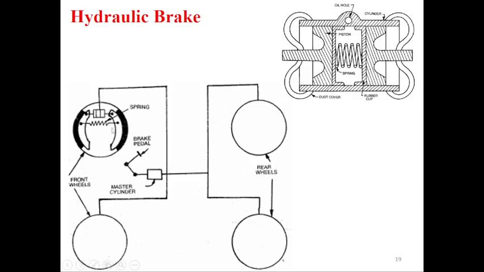When we apply force with the brake pedal, which is connected to the piston, the piston moves simultaneously to the left side and the right side, and expansion takes place. These are the brake shoes, which also move with the help of a spring. The spring expands the brake shoes, and the brake shoe is connected to the brake lining and the brake drum.